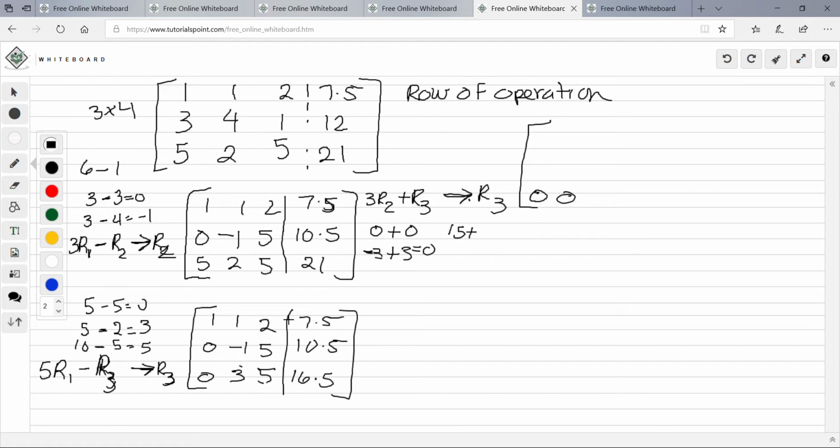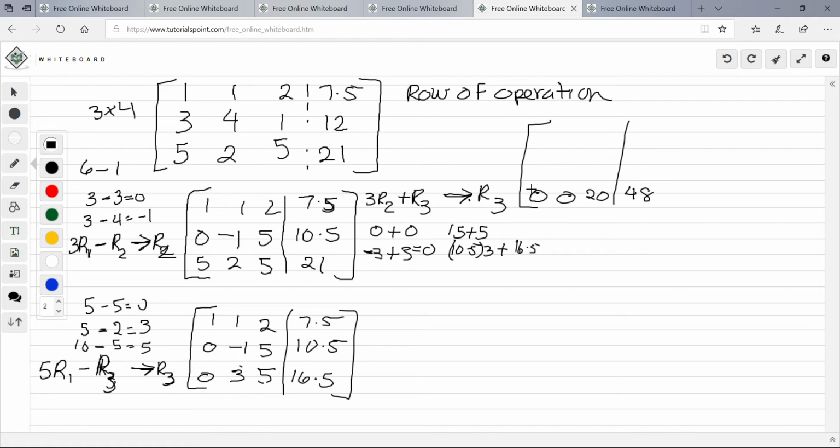Plus row 3, which is 5. So that's going to give us 20. And then the third column, this should give us 48 if you times 10.5 by 3, and then plus 16.5, that should give us 48.